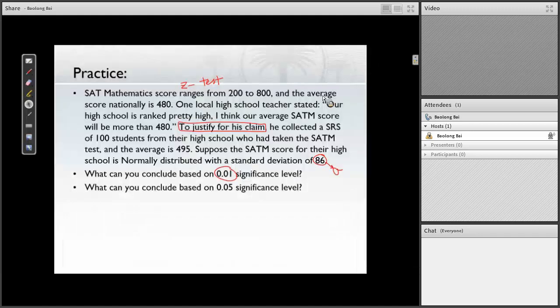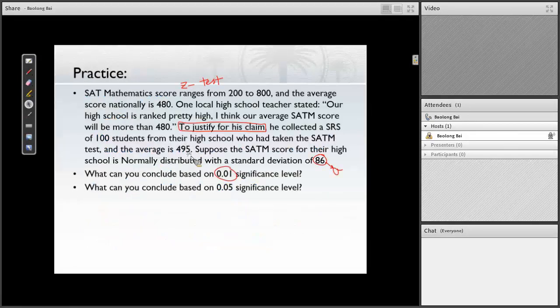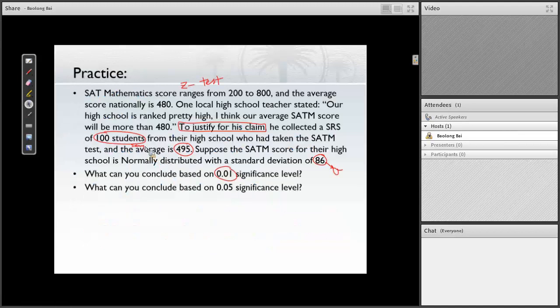So then, from here, we can see that 495 is talking about the average of the sample, which is 100 students, is a sample. While the population will be all his high school students, right?